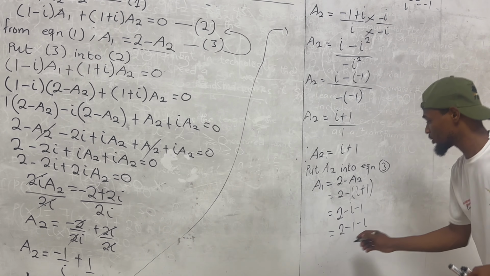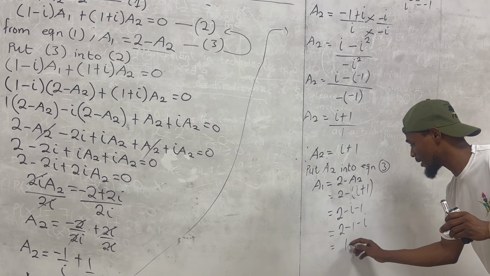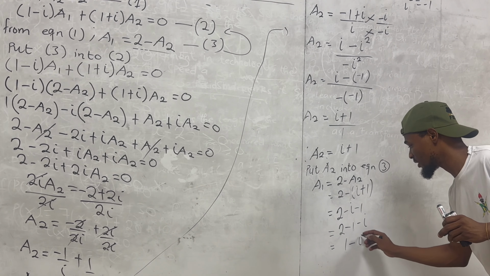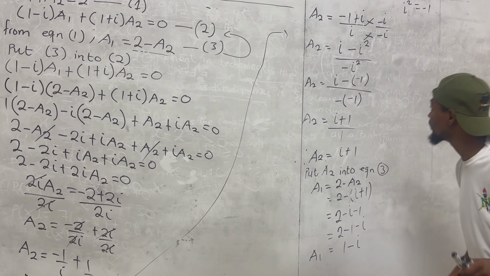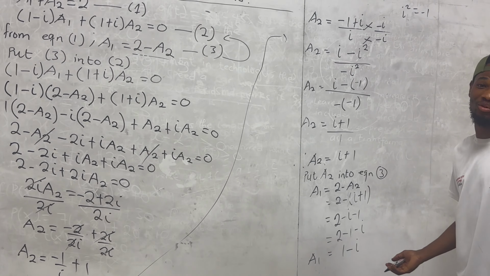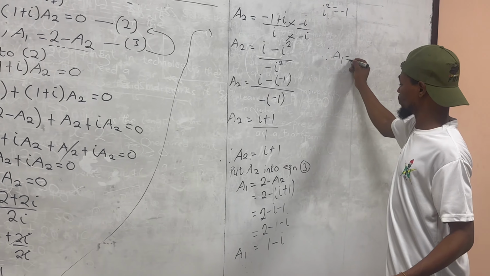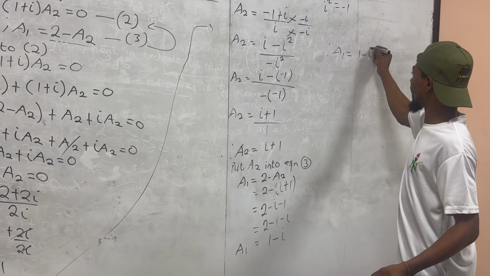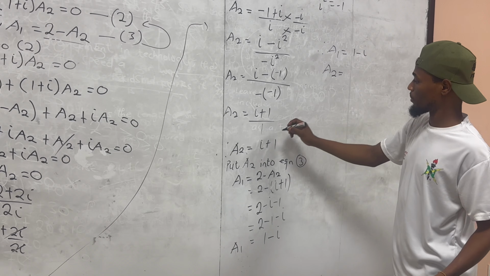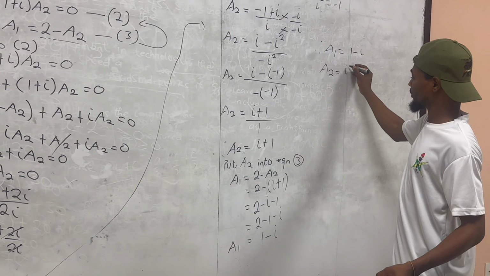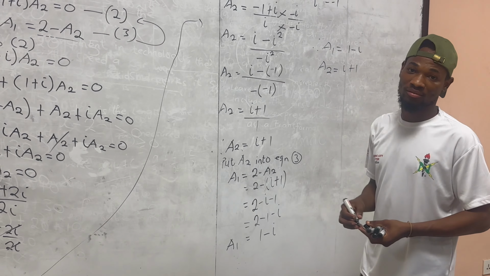So 2 minus 1 is 1, then minus i. This is my A1. So therefore, A1 is equal to 1 minus i, and A2 is equal to i plus 1. That's all.